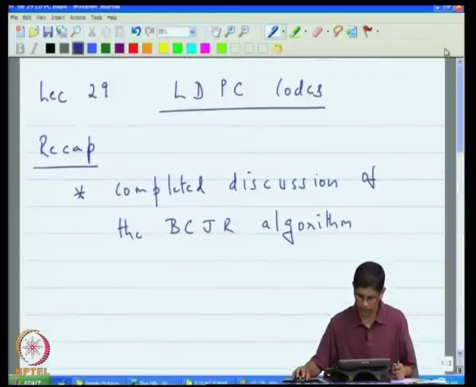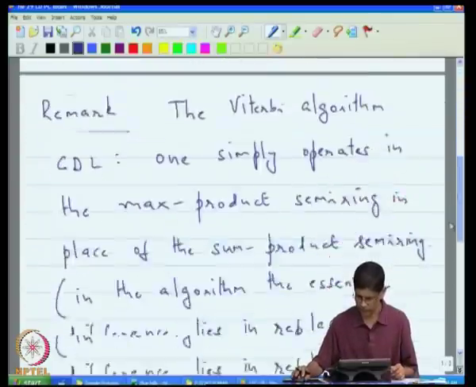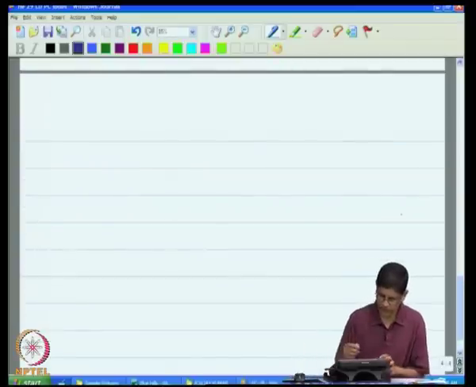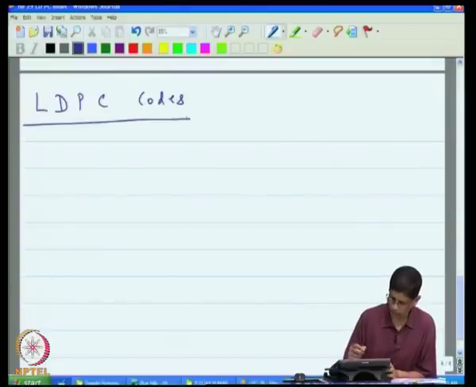So, our topic for today is LDPC codes. So, what does LDPC stand for? So, LDPC stands for low density parity check codes.